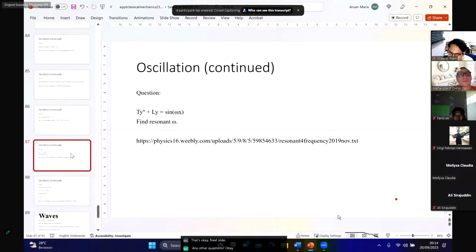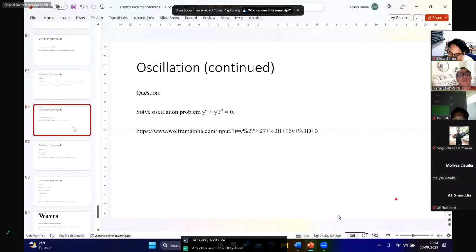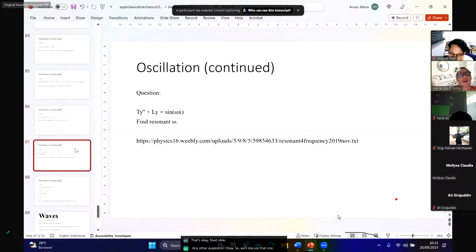Okay, we'll discuss that one. Slide 87 shows the external force sine omega x. I use x instead of t because you have T capital here. To avoid confusion, I use x as time, doesn't matter. So it's going to be the differential equation.